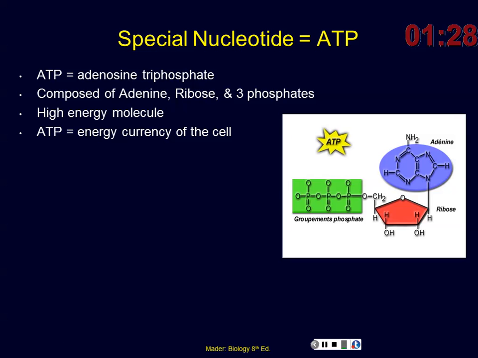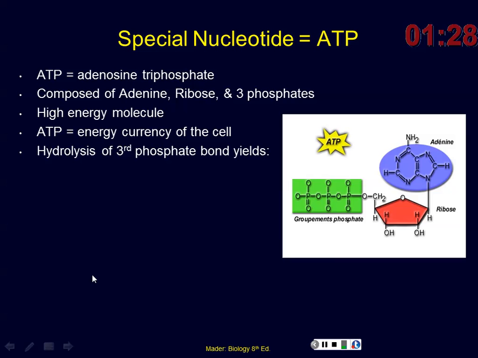When a cell needs energy, that cell is going to break this bond and use the energy that's released from that bond. Every cell in your body, every function in your body that needs energy gets its energy from this molecule right here. The hydrolysis of that third phosphate bond yields the energy that the cell needs.